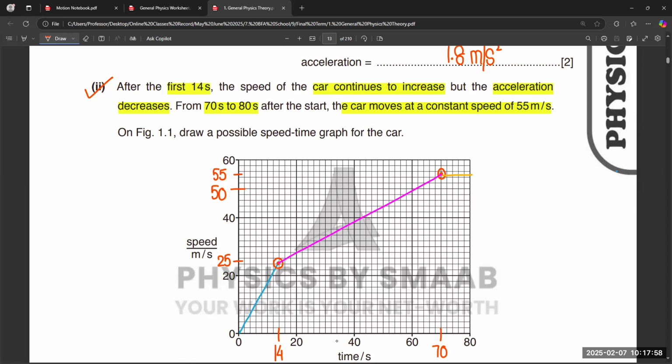After this, you can also practice questions by yourself. In this worksheet, you will find other questions also related to speed time graphs and distance time graphs. So you can practice by yourself, and you can also ask if you find anything confusing.